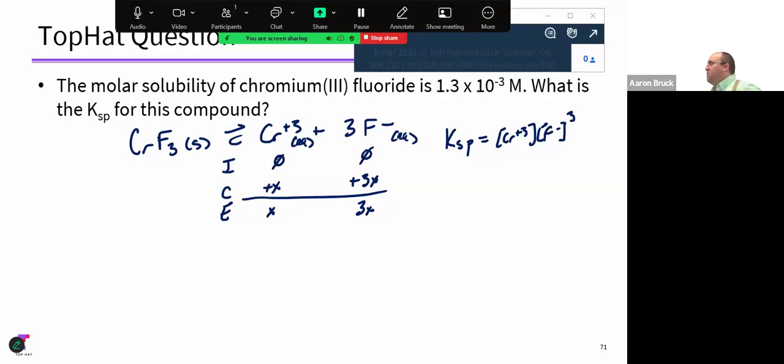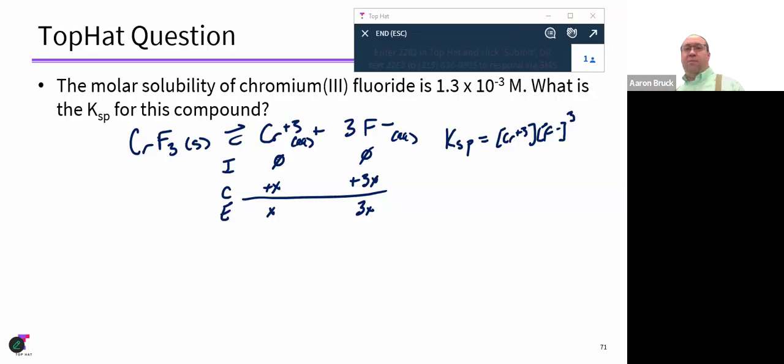Most of you have the equilibrium, you've made the ICE table, you've even gone as far as plugging up what the KSP expression should look like.